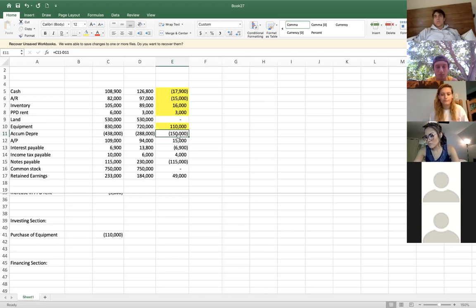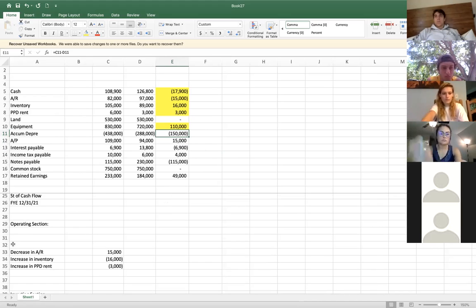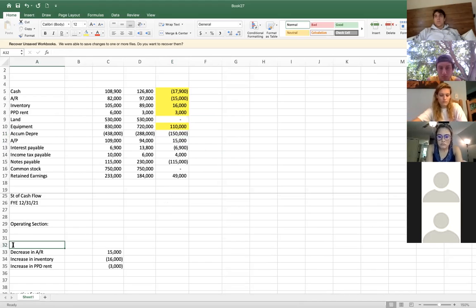No, because you know here that what makes accumulated depreciation change is that 150,000 of depreciation. Now, which section of the cash flow statement is that 150,000 going into? Operating. Okay, it's going to go into operating. It's one of the first adjustments that we have.